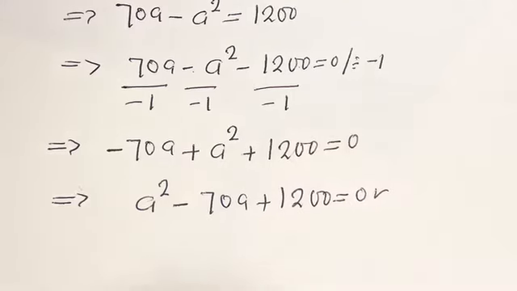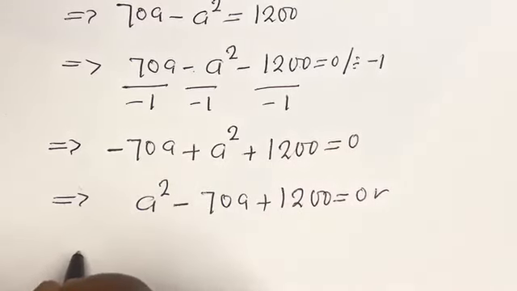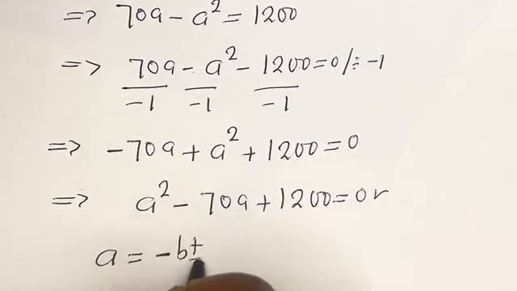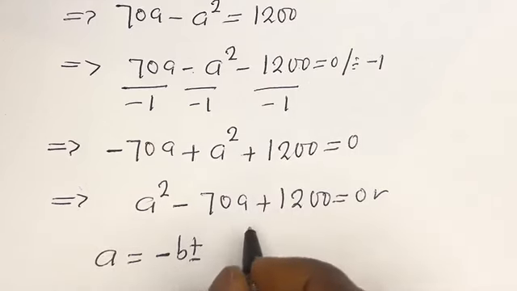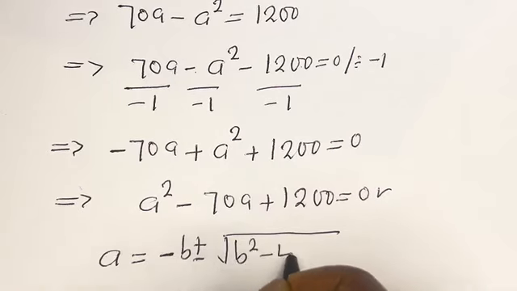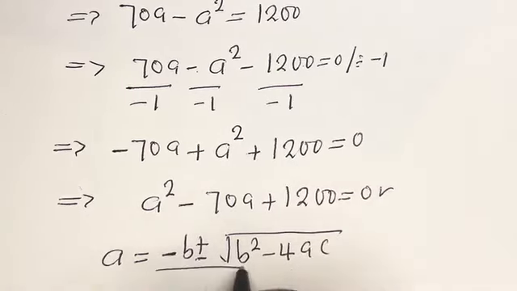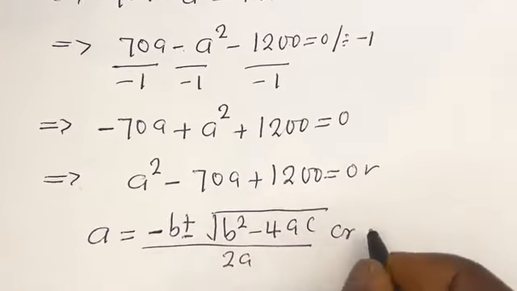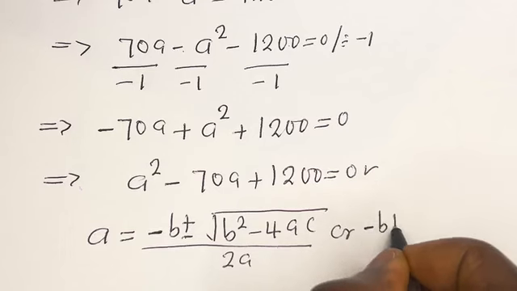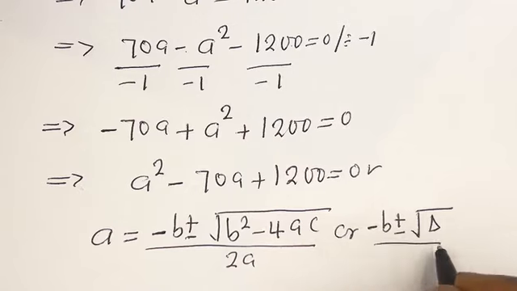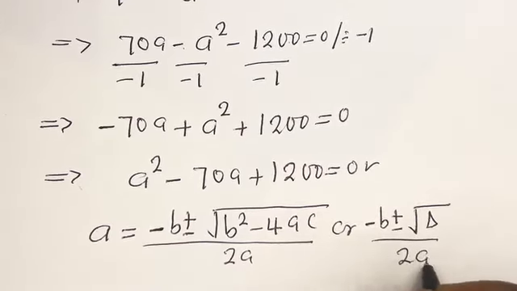This is a quadratic equation which can be solved using the quadratic general formula. From the general formula, A is equal to minus B plus or minus square root of B square minus 4AC over 2A, or minus B plus or minus square root of discriminant over 2A.